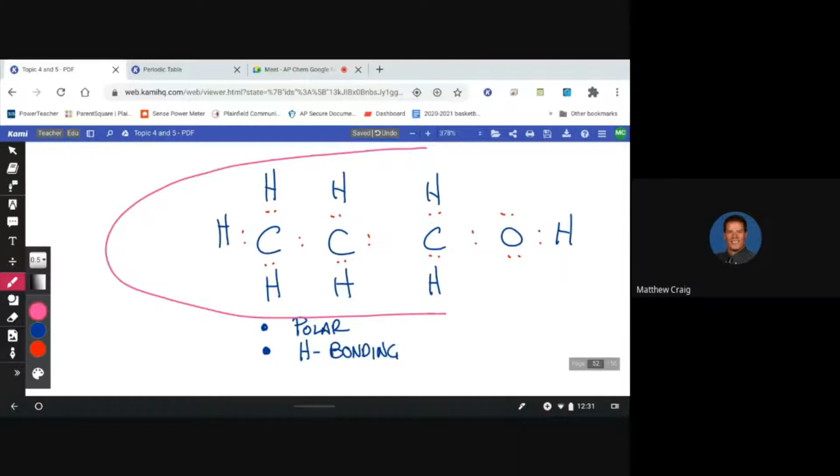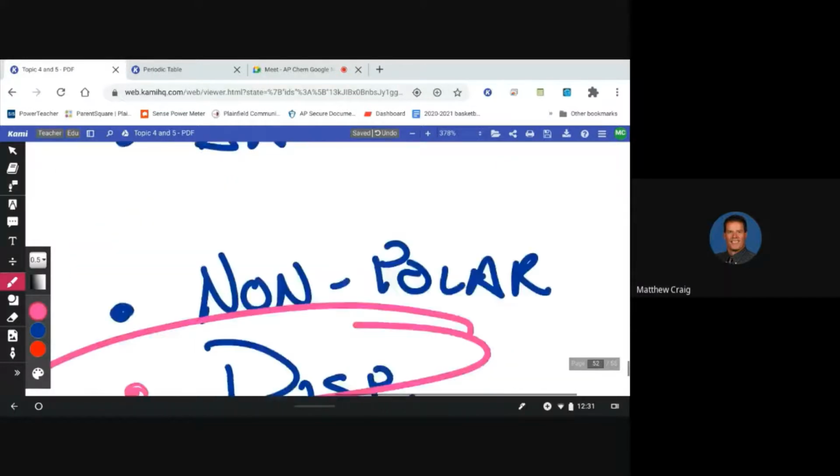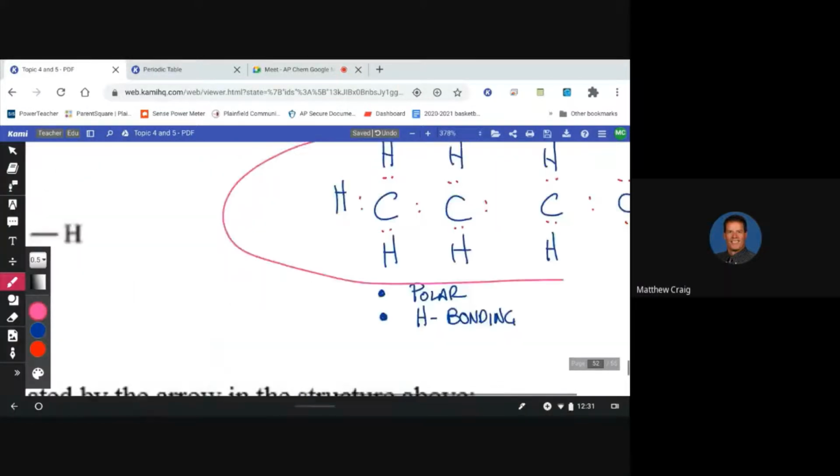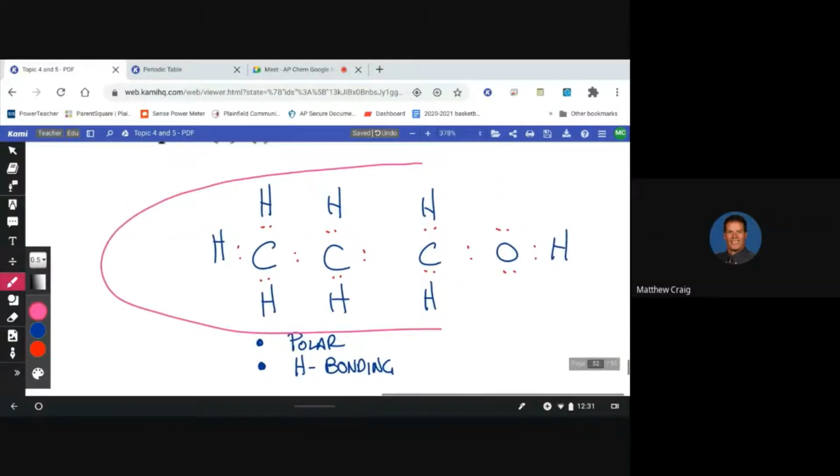Now, your options are hydrogen bonding, dipole-dipole, or dispersion. Dispersion, very good.